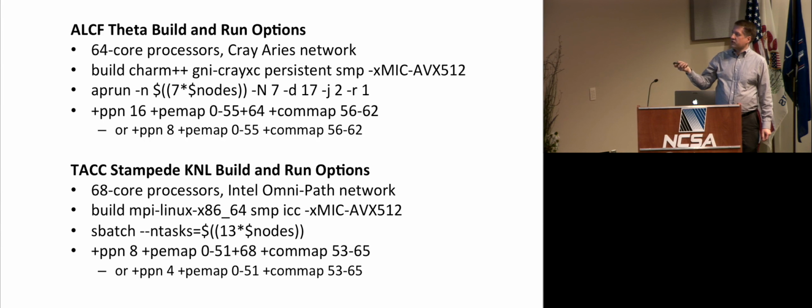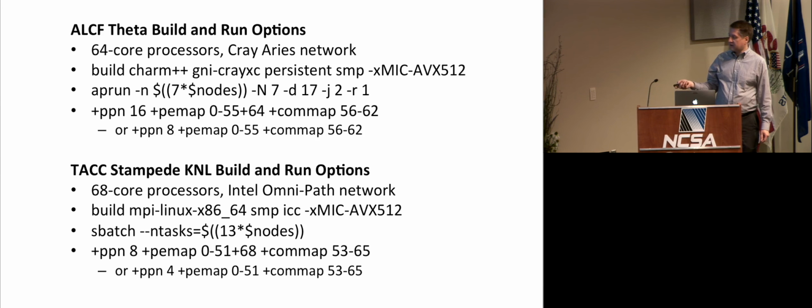We use the Cray version with persistent messages in SMP, versus TACC, where we have to use MPI because that's the best we have for OmniPath. We're using 13 processes per node on TACC, only 7 on Cray, and I'll talk about that a little more later, but basically this is because we need more communication threads because of the onloaded OmniPath model.